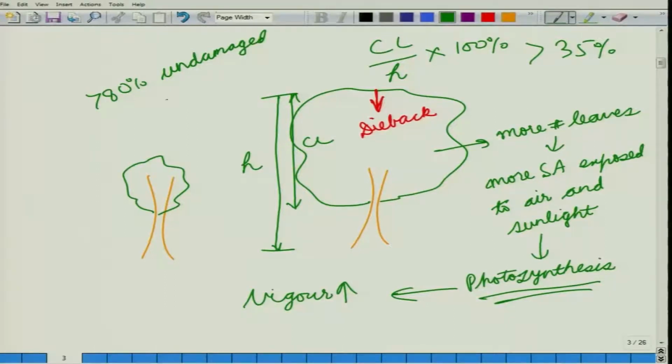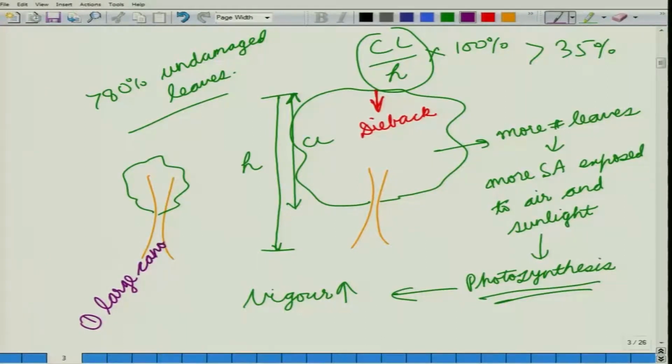Now, what does this tell us? One, by using this live crown ratio, we can say that it has a large canopy. Plus 2, the canopy is not suffering any dieback, so there is little dieback.